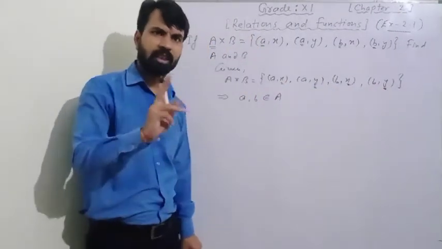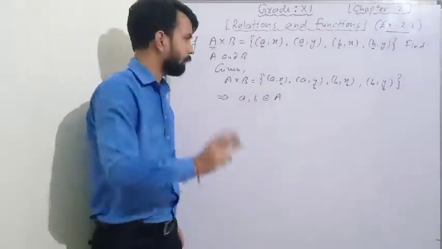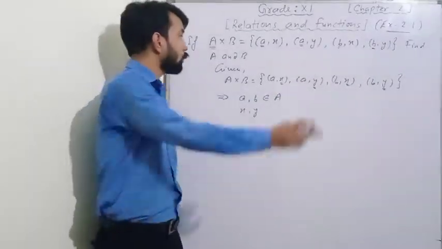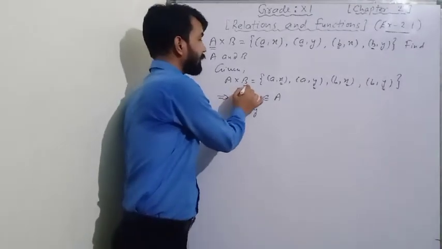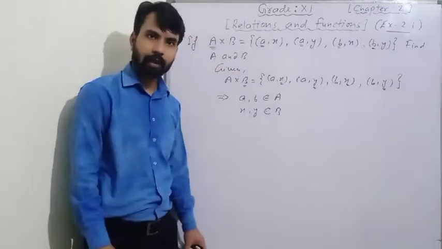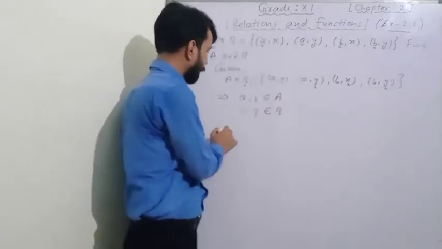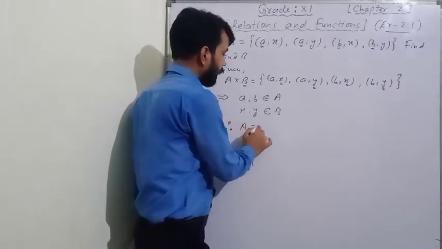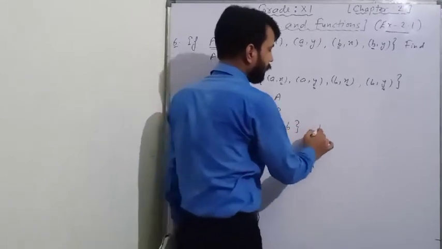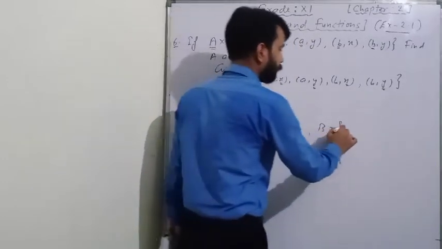Repetition can happen but we will take each one time. So x is repeated, y is repeated, but we take them one time. So x and y are the second elements of the Cartesian product. So these elements belong to the second set, that is B. So x, y belong to B. Understood? This means a, b are elements of A, and x, y are elements of B. So hence set A has two elements a, b and set B also has two elements x and y.